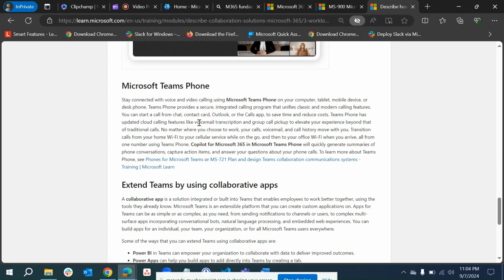Teams Phone. So yeah, Teams has a phone service, which is the voice and video calling capability of Microsoft Teams, which works on computers, tablets, mobile devices, and desk phones.